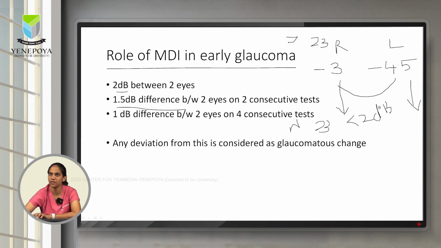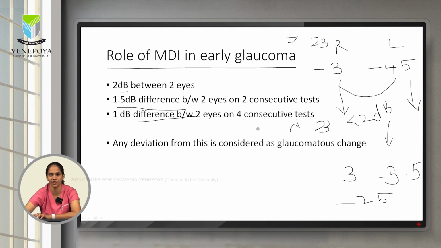This is still okay. If on the 4th test also, let us say it was 3 in the right eye and it has become minus 5.5 in the left eye, that is, the decibel difference is now minus 2.5. This is not okay. This is most likely a glaucoma change.